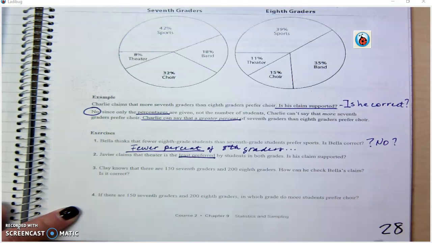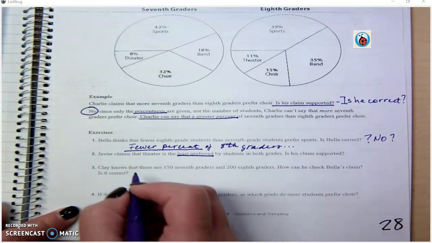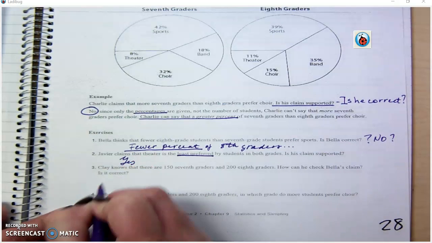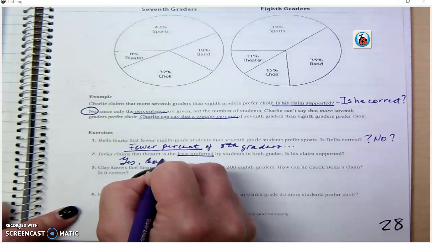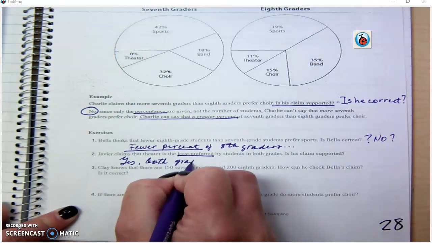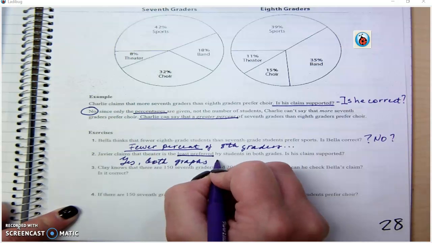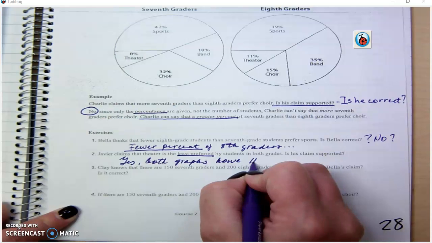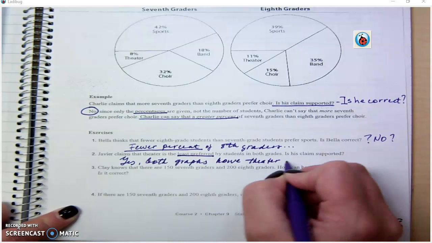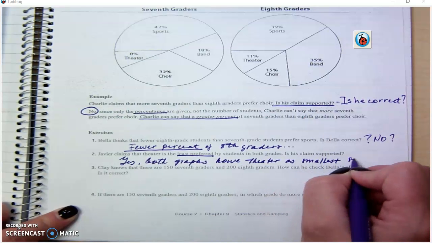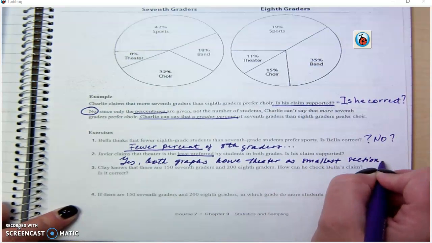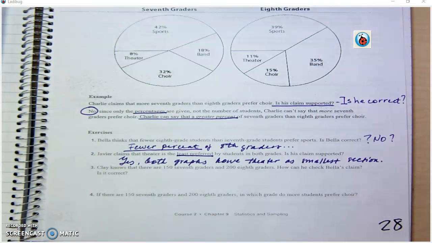So without even knowing the numbers, we can say, yes, his claim is supported. Both graphs have theater as the smallest section. Okay, again, just as a part of the comparison.